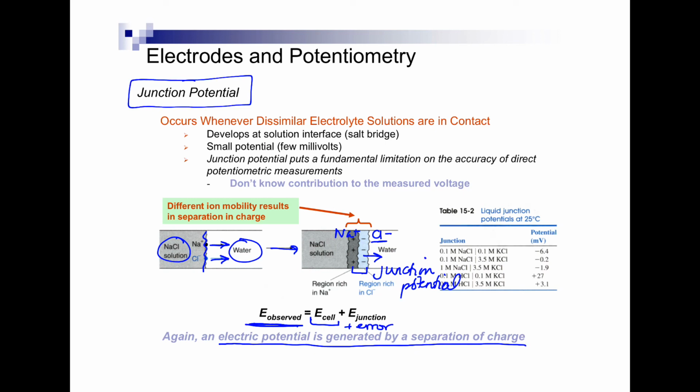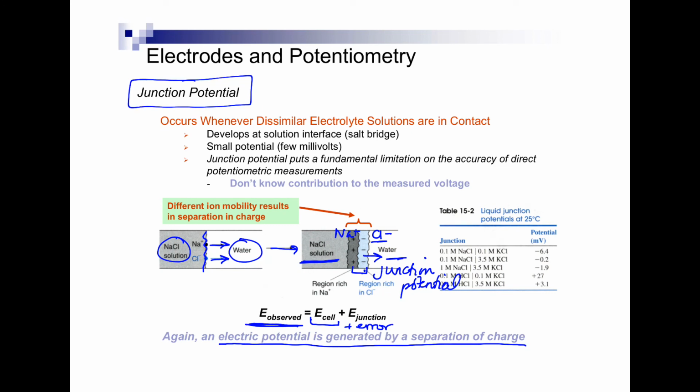And again, that separation of charge happens anytime we're mixing two solutions that are very different from each other, something like a very concentrated sodium chloride solution and water. Sodium chloride is just one example, but if it was a silver electrode, that might be something like silver chloride or other different saturated solutions.